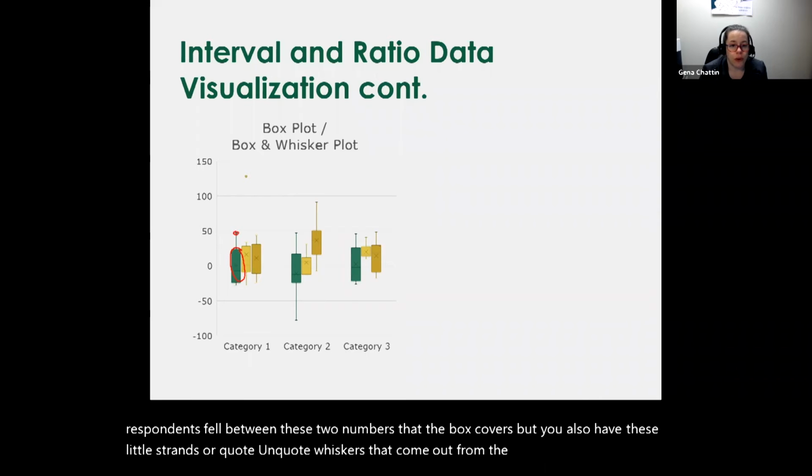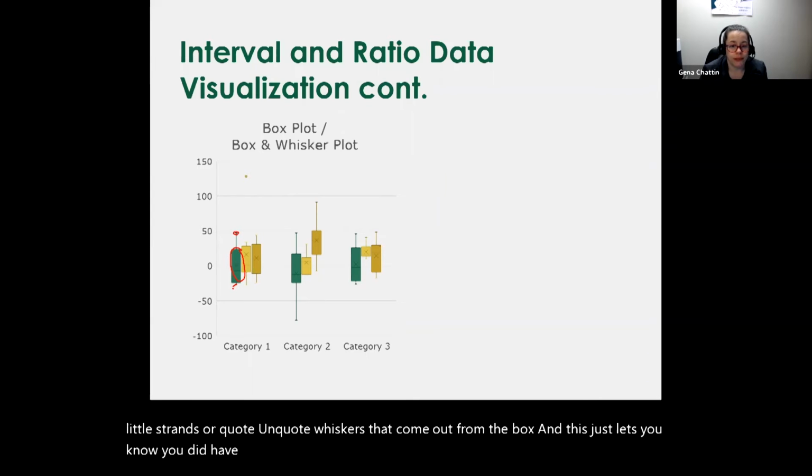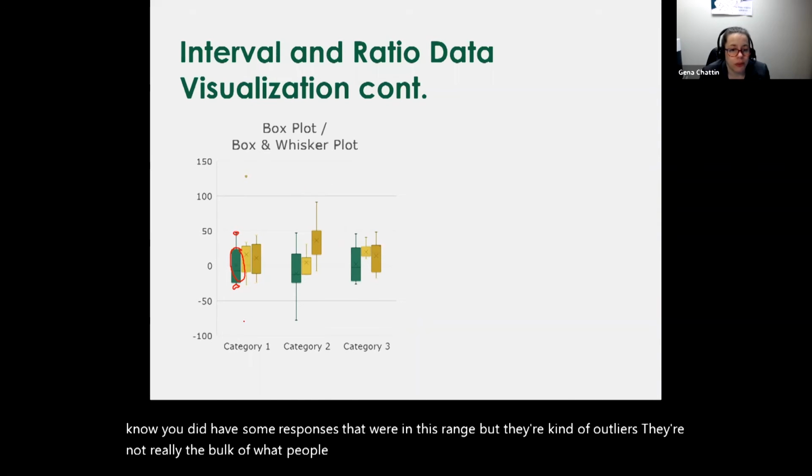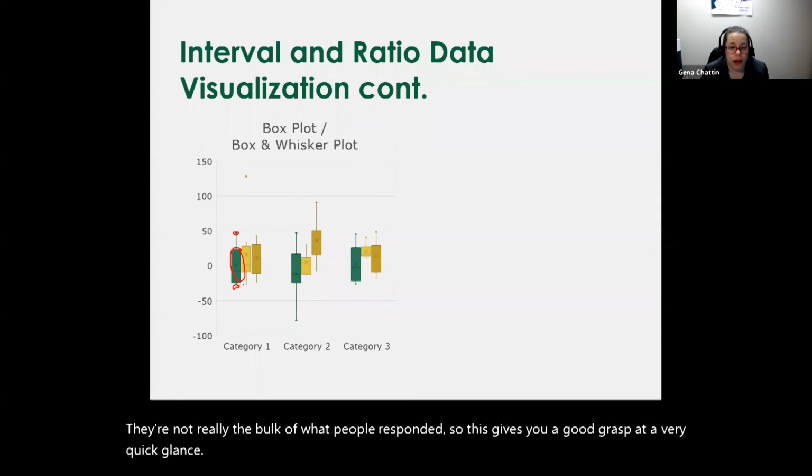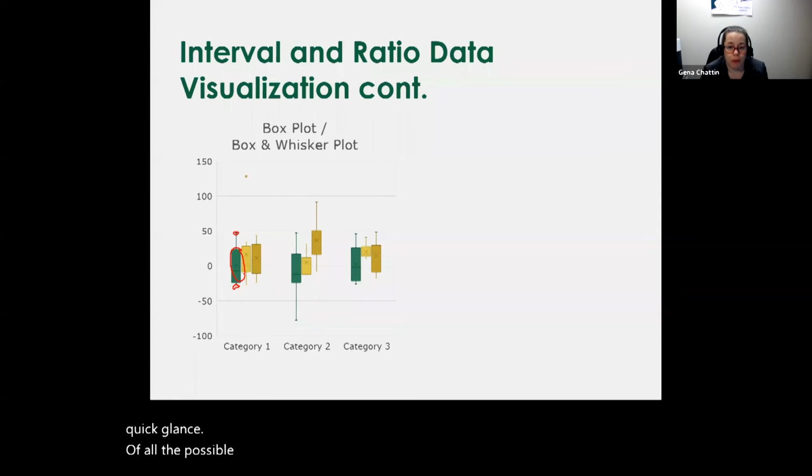And this just lets you know you did have some responses that were in this range, but they're kind of outliers. They're not really the bulk of what people responded. So this gives you a good grasp at a very quick glance of all the possible range of responses you got, but where the most responses are falls into this box area.